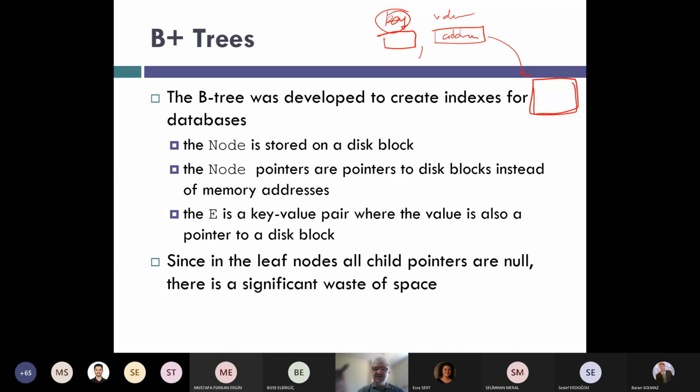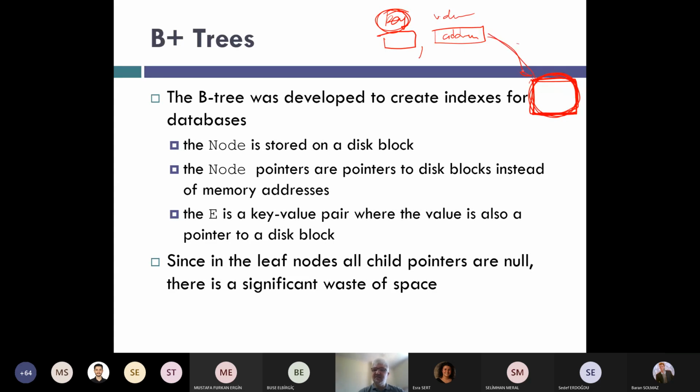For example, for the student information, this key is the student ID number, and all the values about the student, the name, address, phone number, GPA, the courses, the grades, etc., are stored there.